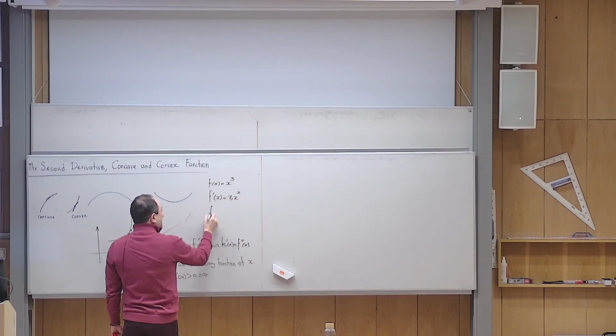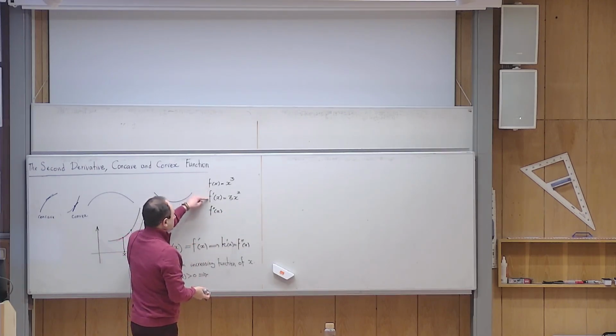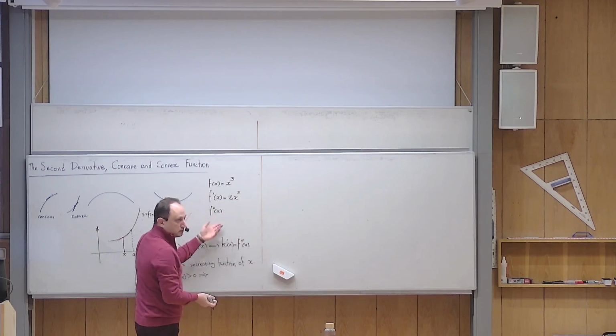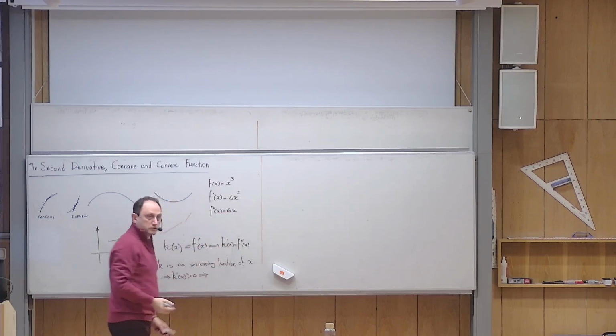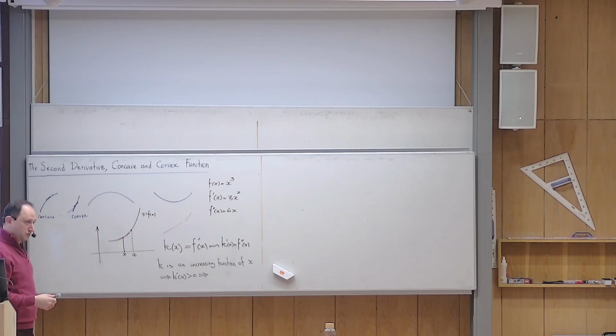Now, if I ask you what is f double prime, the second derivative of f, it means that first you calculate the first derivative. When it is done, it becomes a new function. Now treat this as your function and start differentiating once more. So the answer to this is simply 6x. So that's the meaning of second derivative. Second derivative means the derivative of the first derivative.